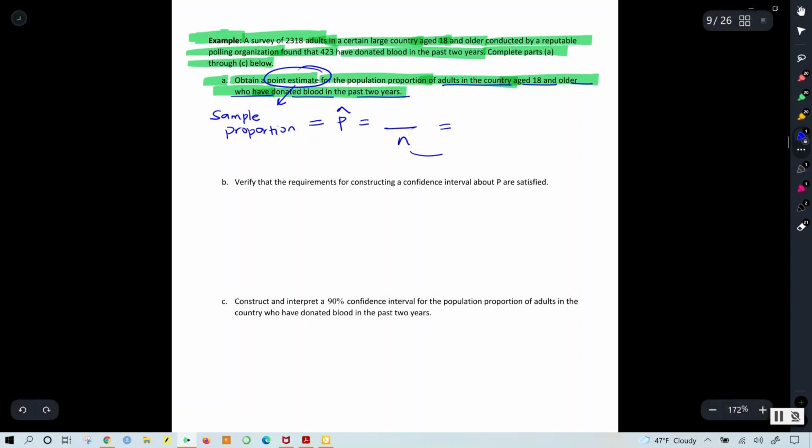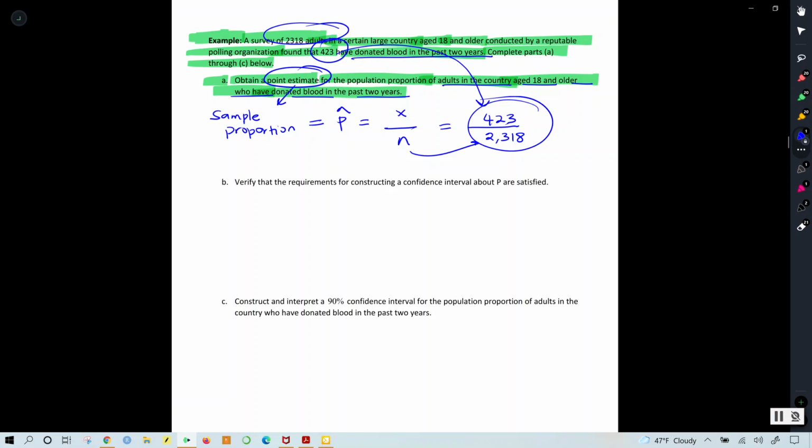The sample size is the number of adults in the survey, 2,318. Out of these 2,318 adults, how many have donated blood in the past 2 years? 423. So this is the sample proportion or the point estimate.